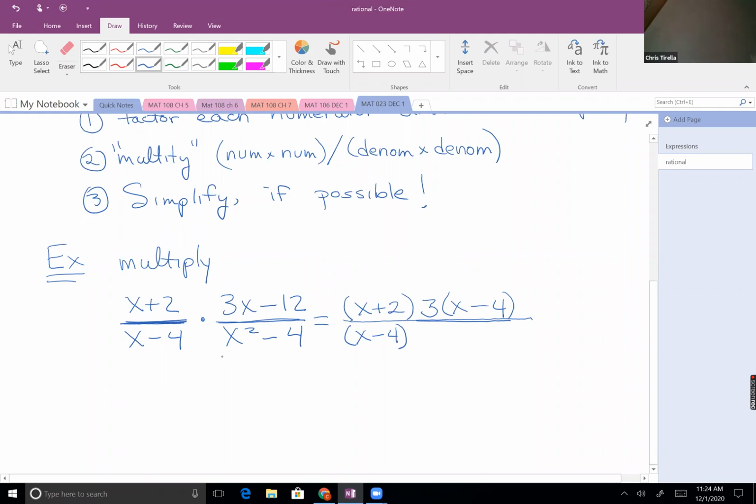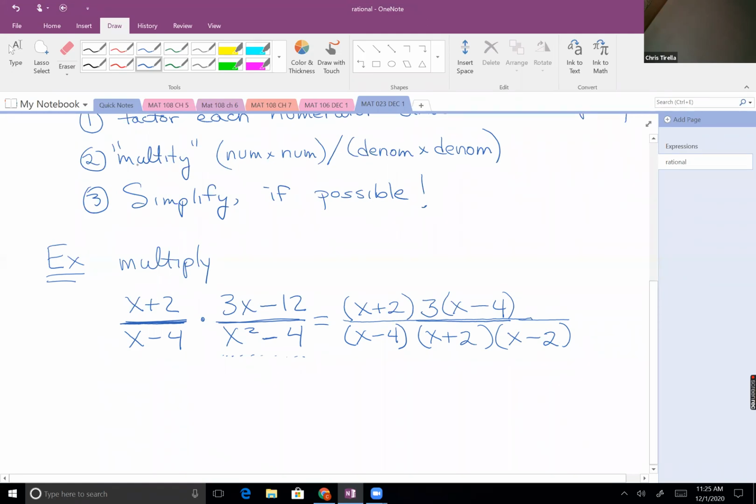And now how about that denominator? How would you factor x squared minus 4? Okay. Difference of squares. So it'll be x plus 2 times x minus 2. And so I factored everything.